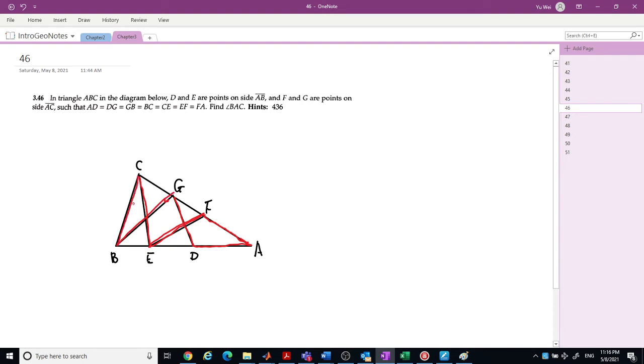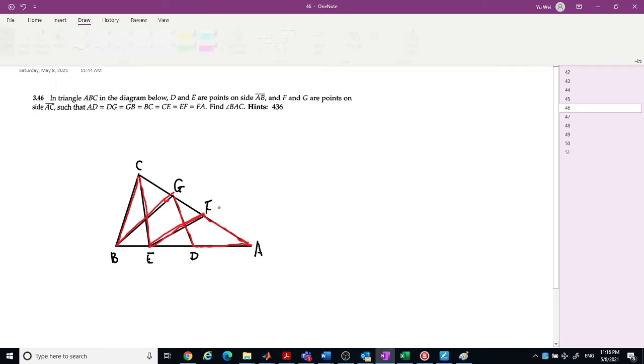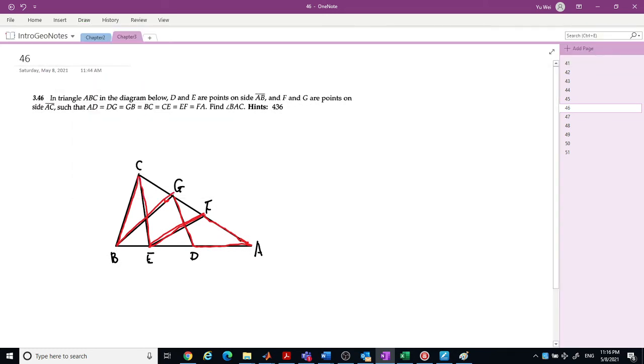You have a set of equal sides, right? The question is asking us what is the x angle, right?